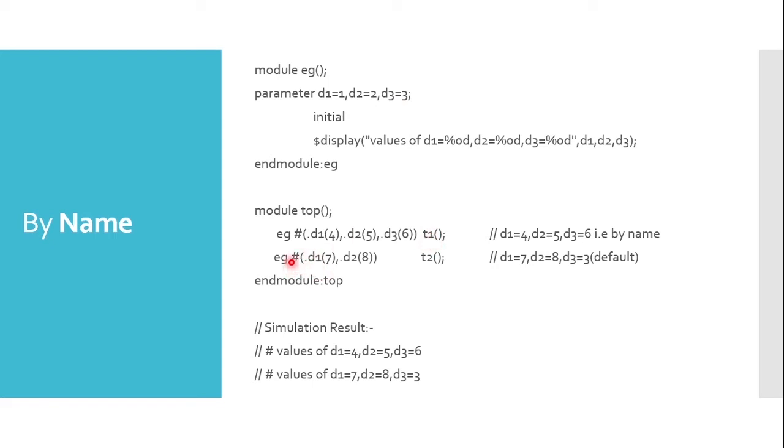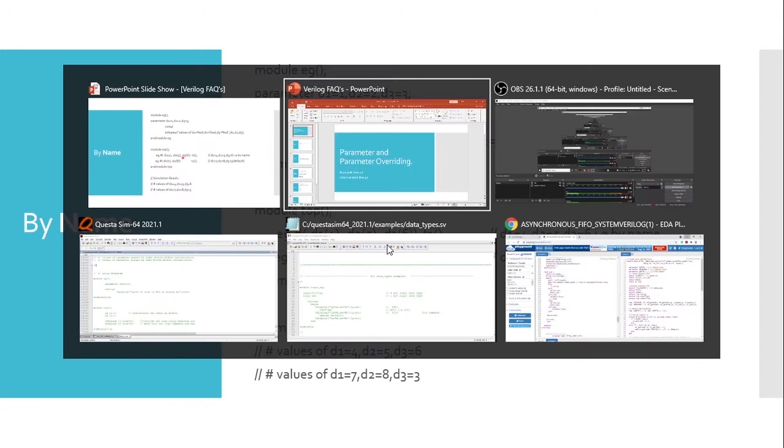Similarly, example hash dot d1 7, d2 8, and d3 will be default, and after running simulation we will get this result, and we will try to observe the output using QuestaSim.